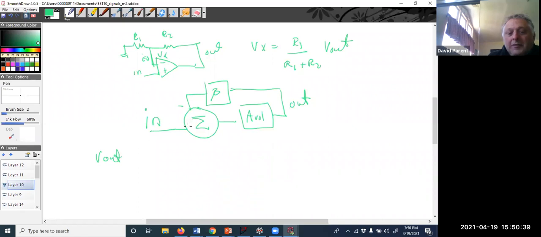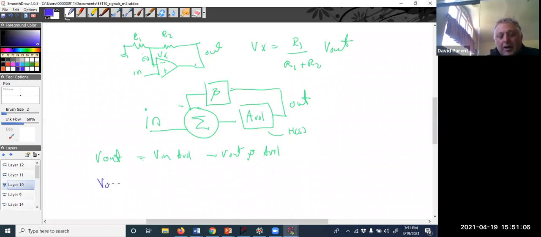V out equals V in times the open loop gain, where most of the examples are H of S of the op amp, right? And then it's also minus V out times beta times open loop gain. I'm going to switch to a darker color. You probably can't see that.